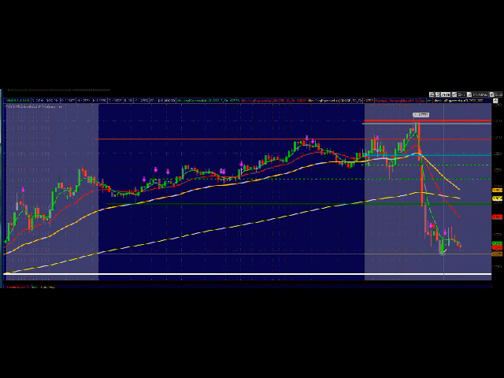So if it comes down there and hits the open and starts to trade back up, how is the market going to react? How are the traders going to react when price comes back up to these levels that were previous support? Generally that acts as current resistance.